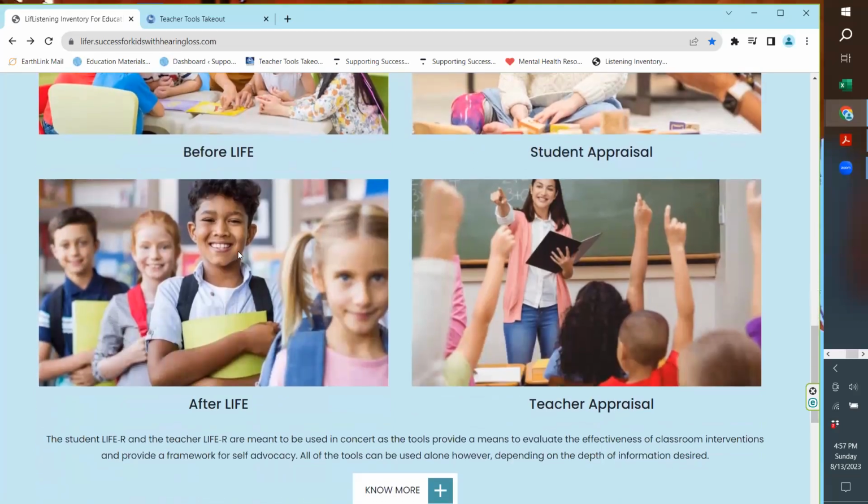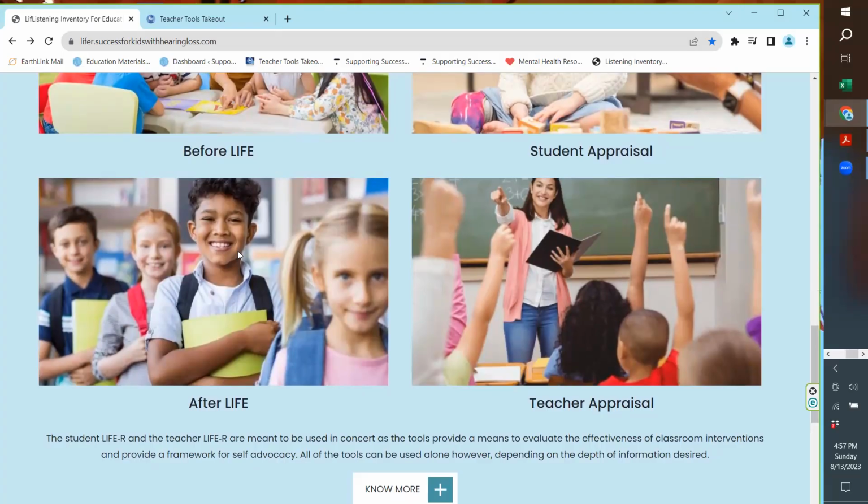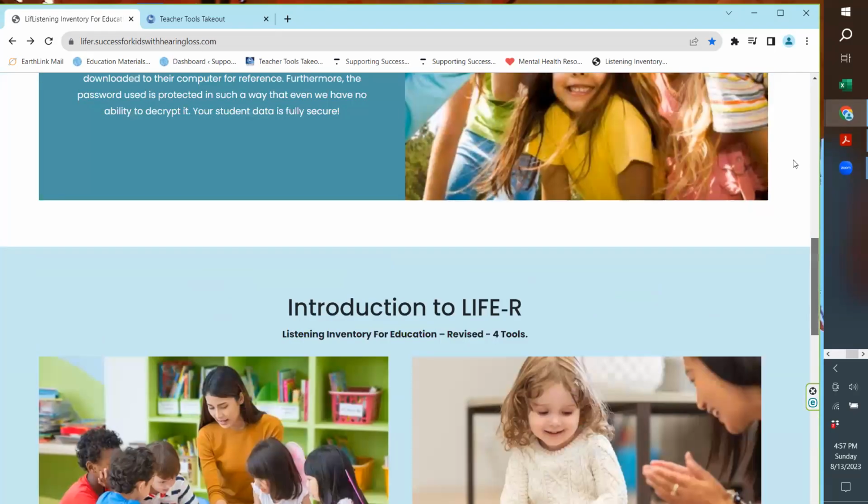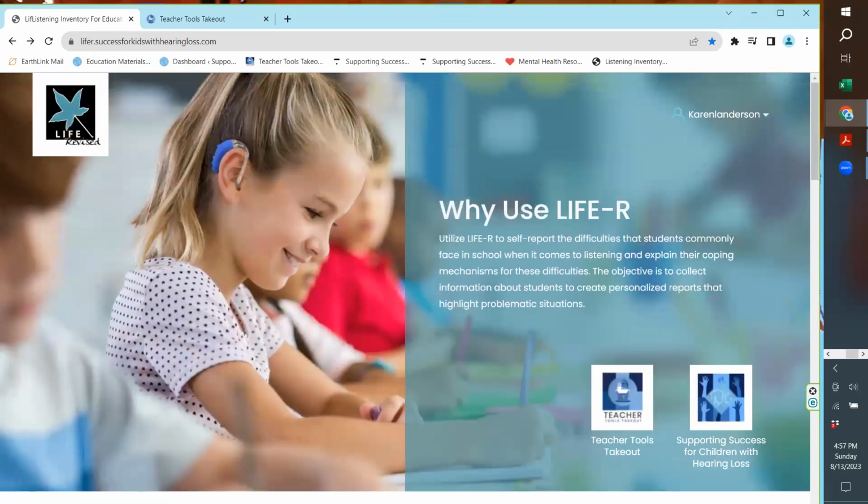And then there's the Afterlife that is specific to getting at those self-advocacy strategies that he uses to cope with challenging listening situations encountered in school. And then there's also a 2-page teacher appraisal. So those 4 things make up the suite of LifeR assessments.